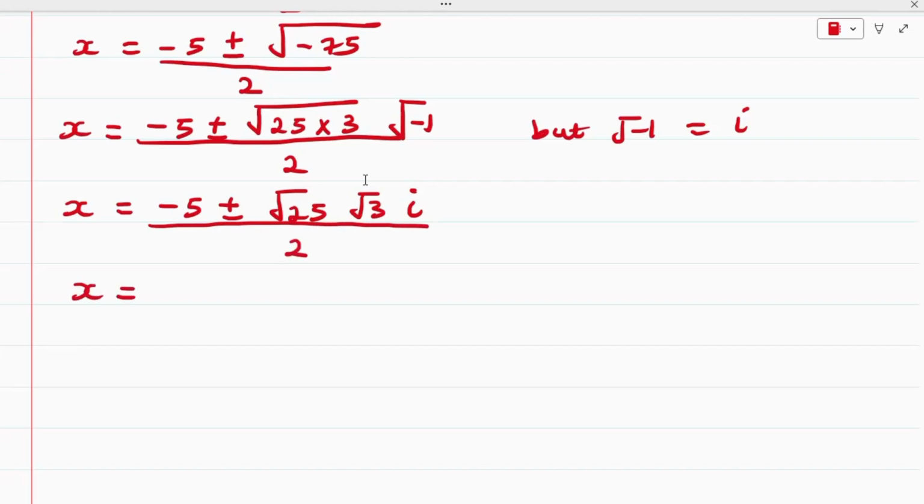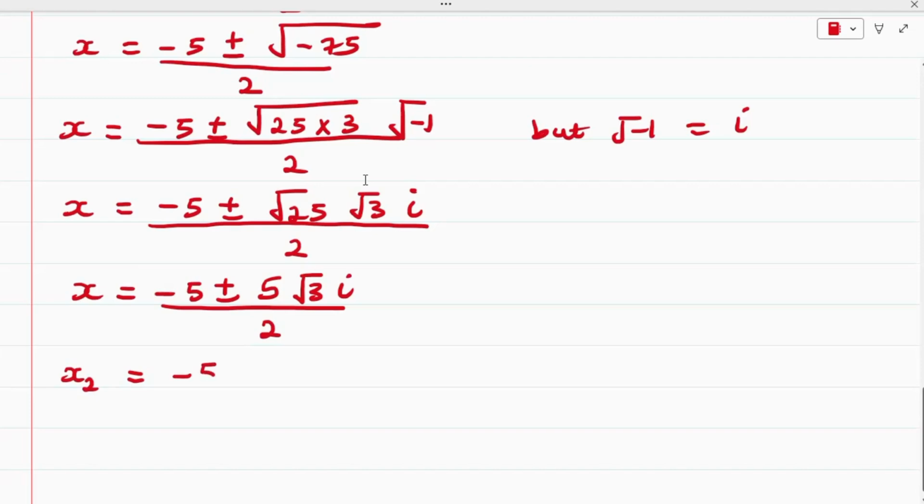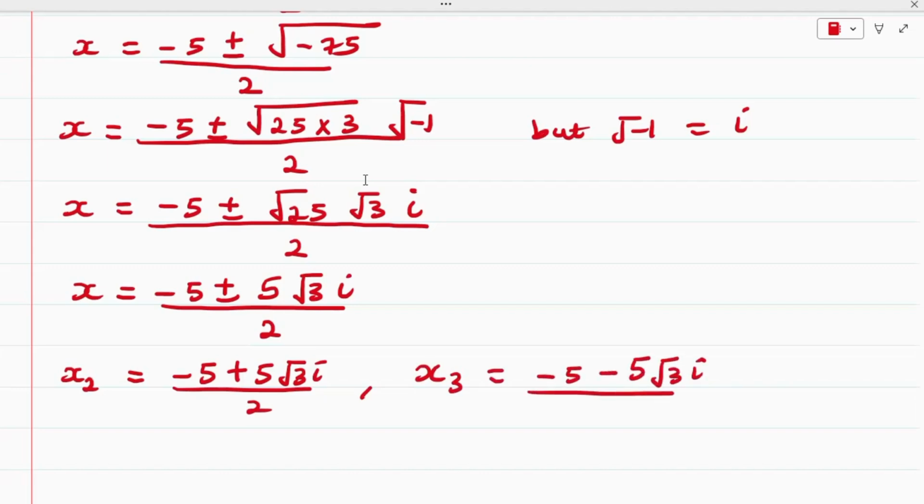So x is equal to minus 5 plus or minus the root of 25 is 5 into the root of 3i over 2. So from here we have that x2 is equal to minus 5 plus 5 root 3i over 2, and x3 is equal to minus 5 minus 5 root 3i over 2. So these are the values of x.